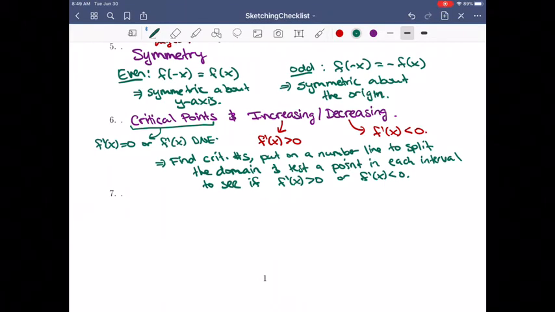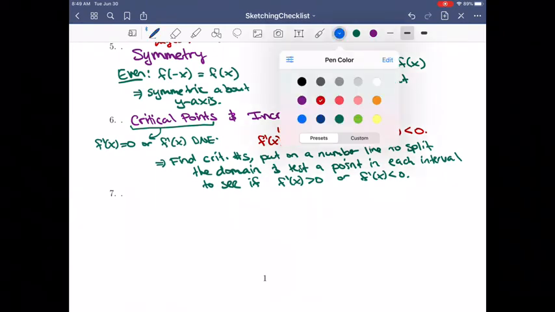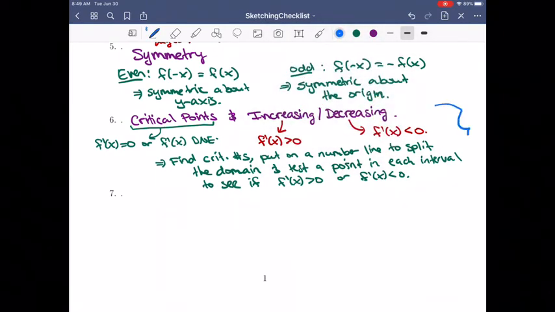So we want to know if it's positive or negative. That's how we tell where it's increasing and decreasing. Then we want to find the y values for our critical points because we want to plot all of these critical points. Okay, so this one is all about the first derivative.